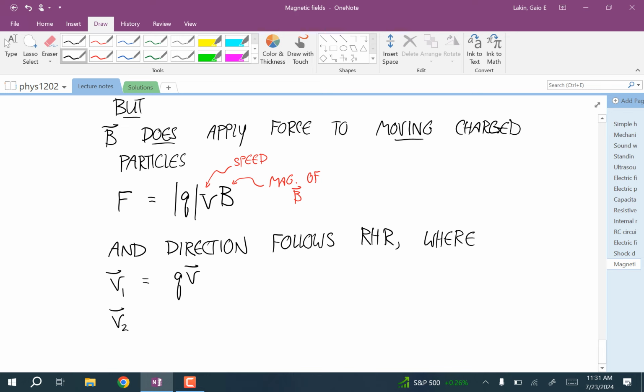And the second vector is the magnetic field vector. And I want you to notice that if Q is negative, then multiplying this by Q has the effect of switching the direction. So if that Q is negative, then this whole vector is opposite of the velocity vector.